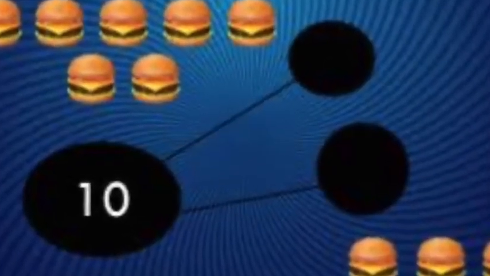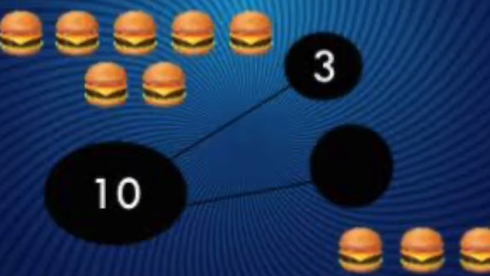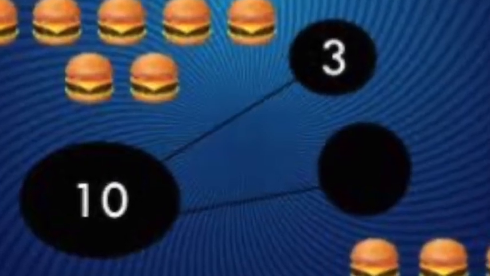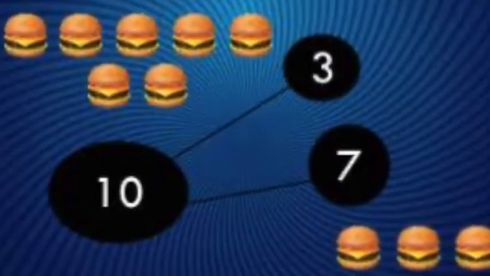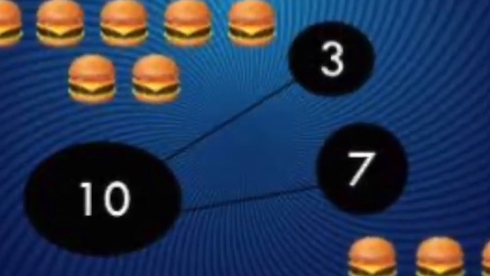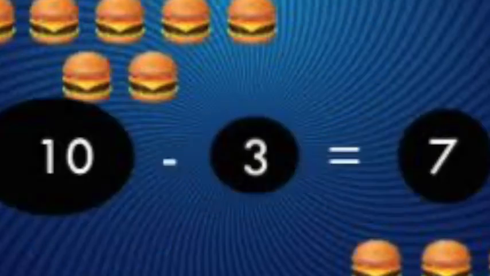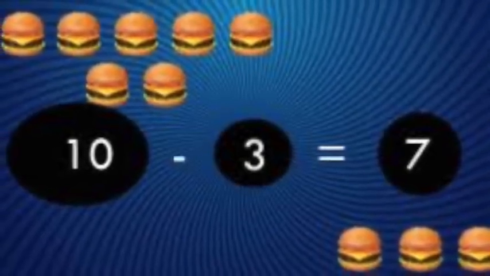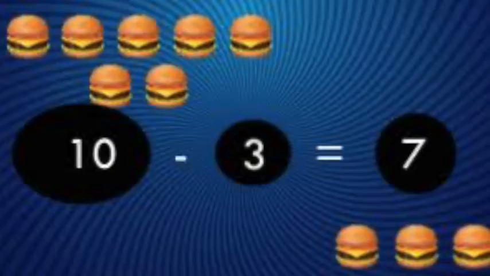We gave away 3. So now we have 1, 2, 3, 4, 5, 6, 7 left over. 10 is our whole, 3 and 7 are parts. Now let's turn this into a math sentence. 10 minus 3 equals 7.